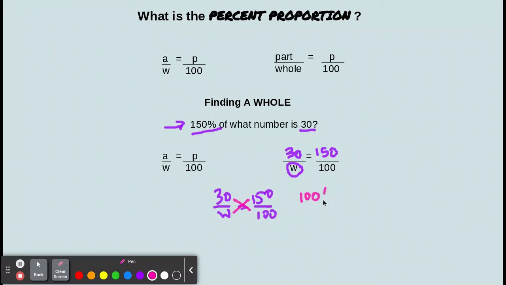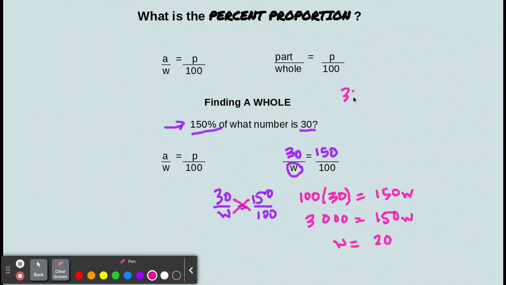So 100 times 30 equals 150 times W. And that ends up being 3,000 equals 150 W. So W ends up being 20. Right? Divide both sides by 150 and you get W is 20.